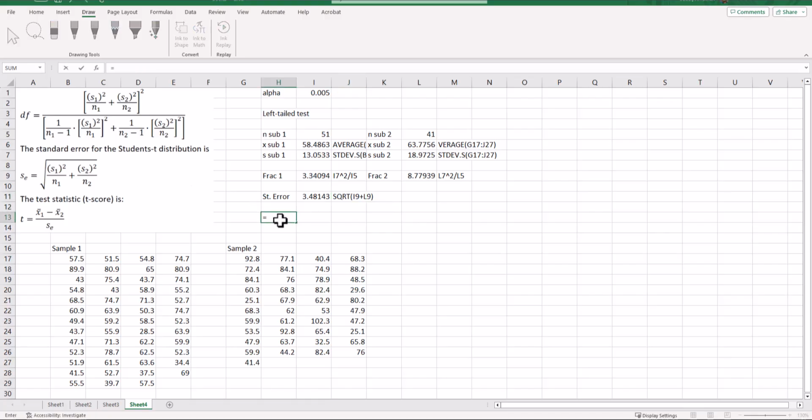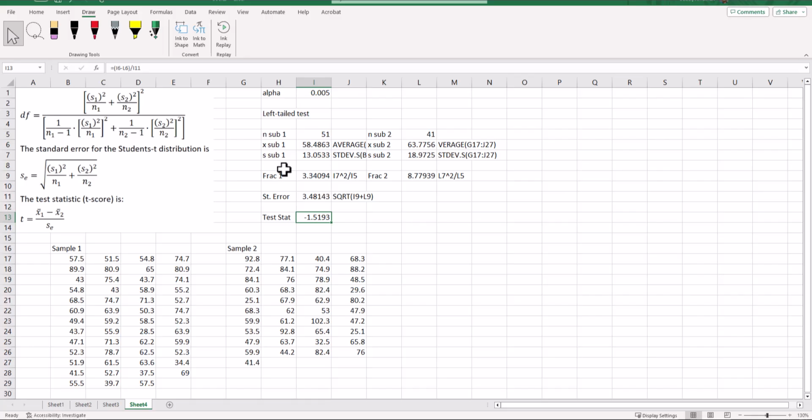And then we can figure out our test statistic. I need to open some parentheses because I need to do x bar sub 1 minus x bar sub 2 and then divide by the standard error.